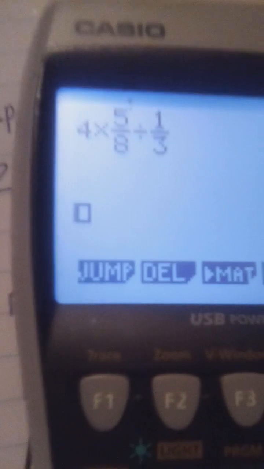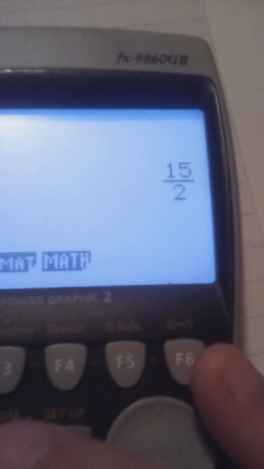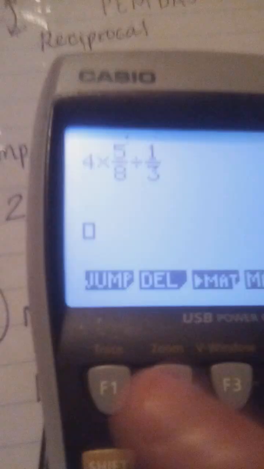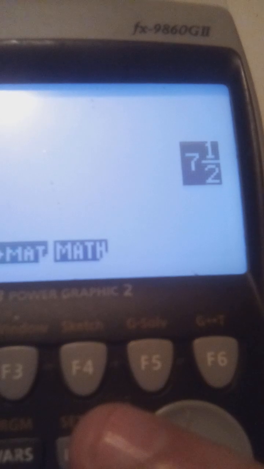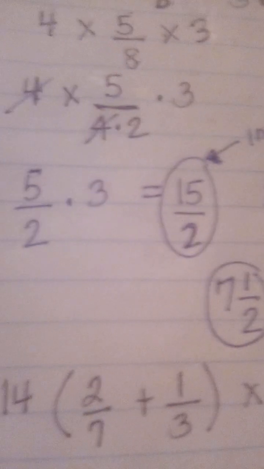We got this problem. Watch this, okay? There it is, 7.5. Does it match? Yes. So we're finished with this first problem.